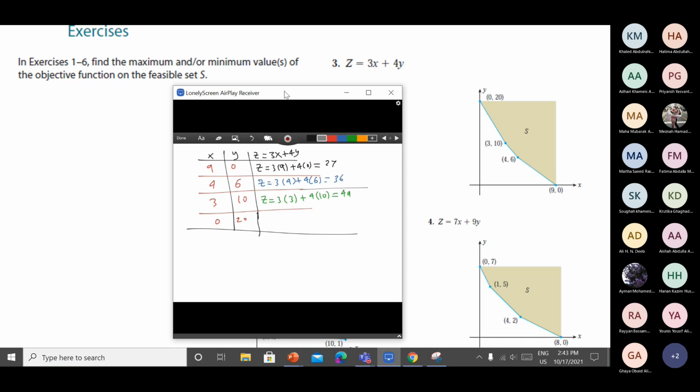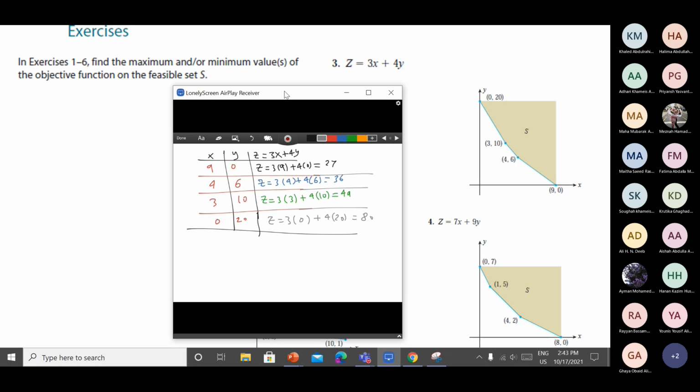Okay. Now, the last one: z will equal 3 times 0, plus 4 times 20, so I end up with 80.